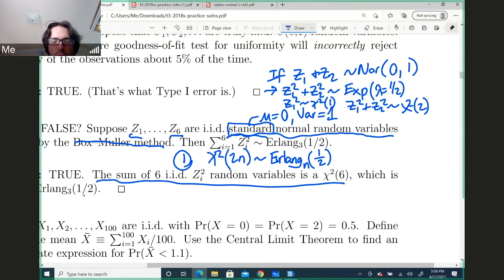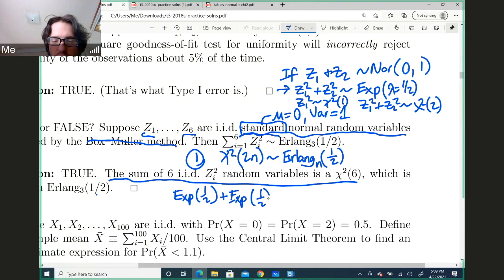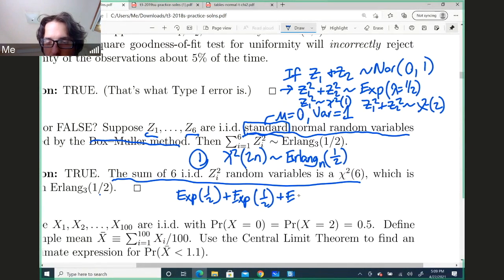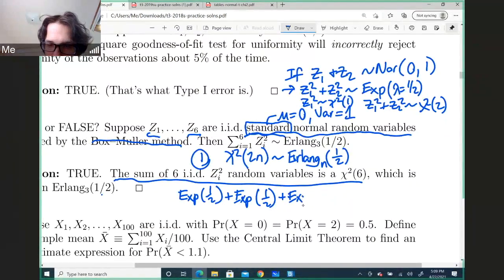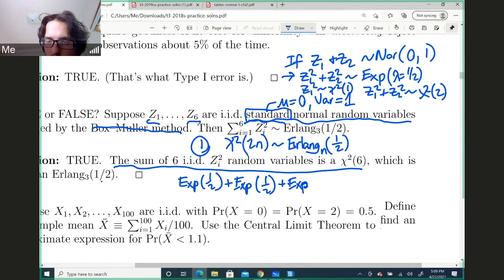And of course, we know that if you add up exponential random variables, that's how you get an Erlang variable.